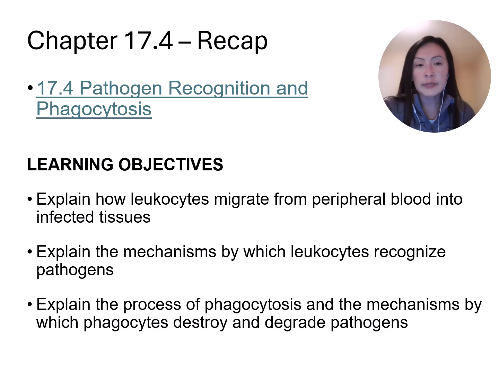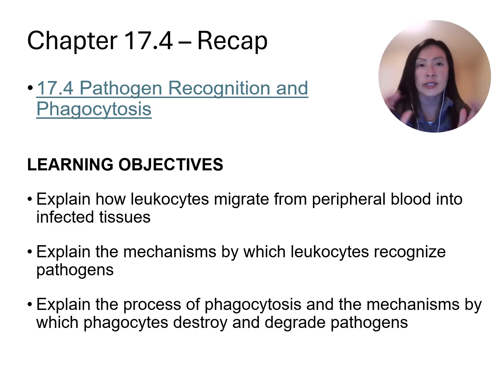The third learning objective asks, explain the process of phagocytosis and the mechanisms by which phagocytes destroy and degrade pathogens. So if I look at the steps of phagocytosis, I have 1, attachment. Right, the phagocyte binds to the pathogen using those PRRs or opsonin receptors. 2 was engulfment.